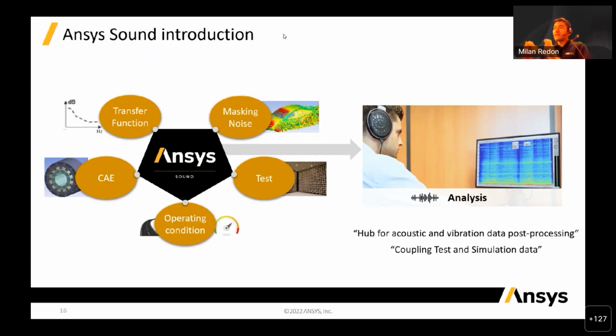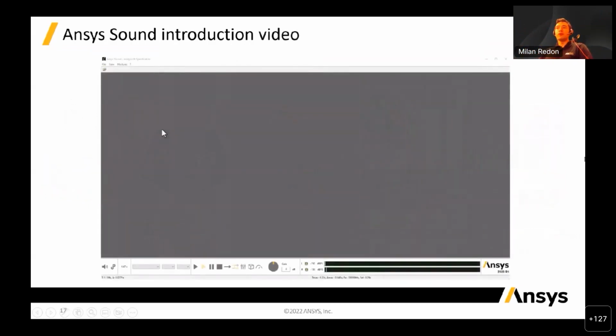And the goal of ANSYS Sound is to gather everything, simulation coming from different noise sources, to assess the sound at what we say at system level, so taking into account all the sound sources together. So in the next slide, there is a small video of the interface, so you know how it looks like.